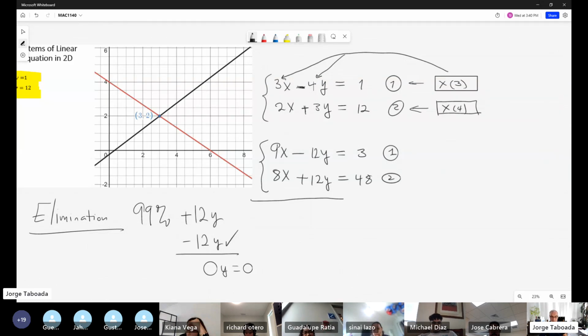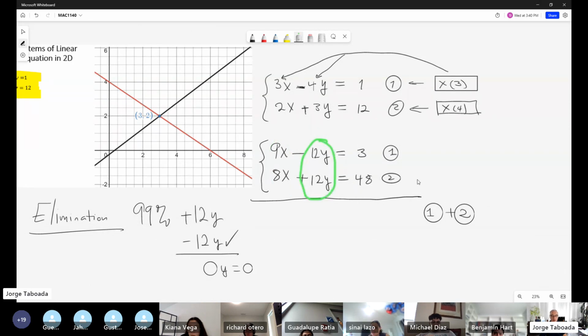But now you are adding equation 1 plus equation 2. But you add by column. Let me use this marker, it's good. That column is the column of the x. That column is the column of the y.